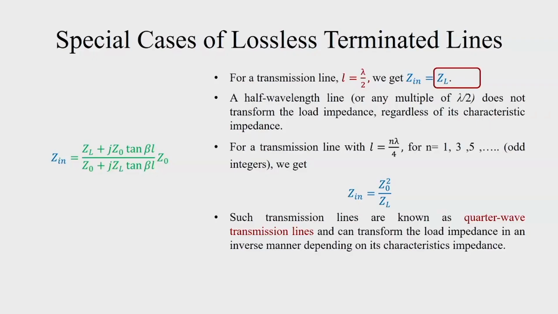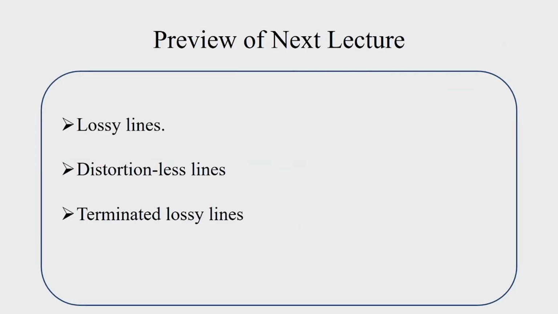So, we have discussed the various issues related to the wave propagation in a lossless transmission line. We have seen the special cases when the lossless line is terminated to a short circuit or an open circuit. Similarly, we have seen the impedance transformation property of half wave transmission line and quarter wave transmission line.